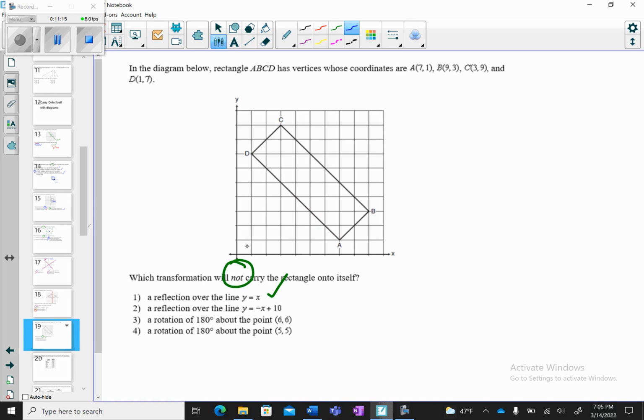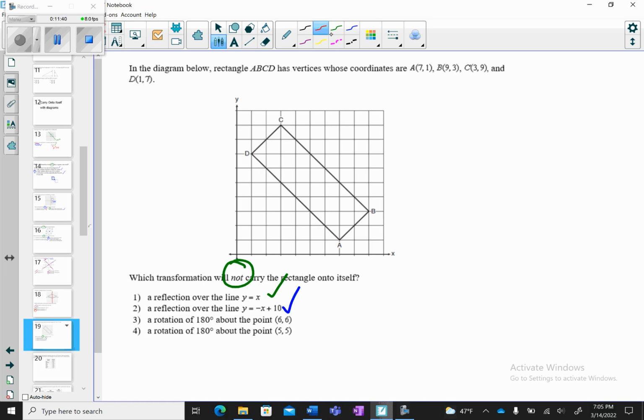So I want to go 10 on my y-intercept, 1, 2, 3, 4, 5, 6, 7, 8, 9, 10. And then because my slope is negative 1, I'm going down 1, to the right 1. And this also appears as though it's cutting it in half and reflecting onto itself. So that one works as well.